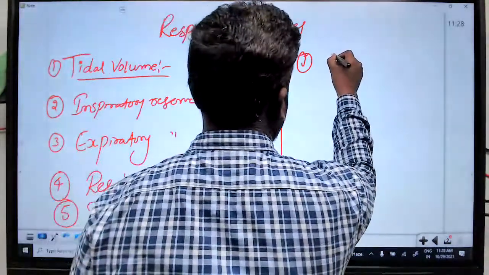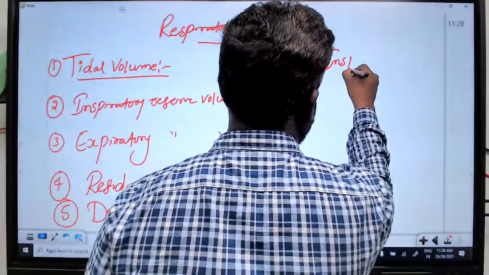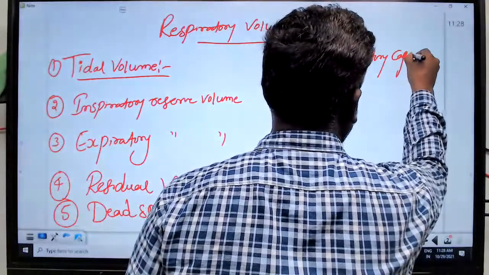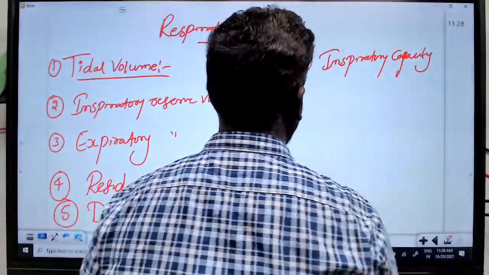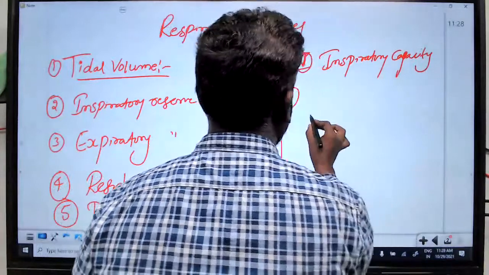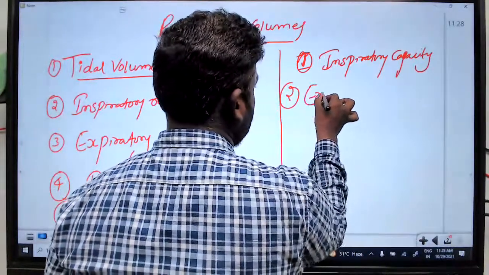So first one, inspiratory capacity. Good. And the second one, expiratory capacity.